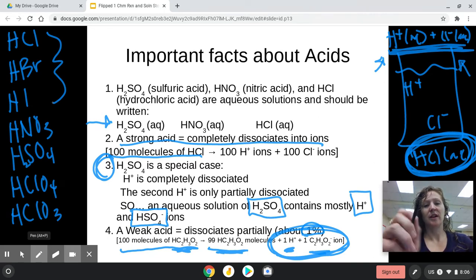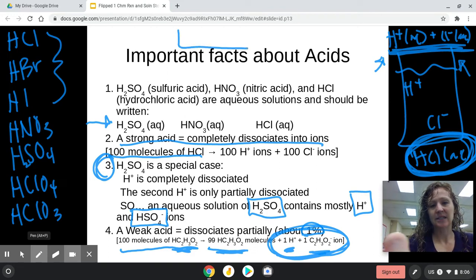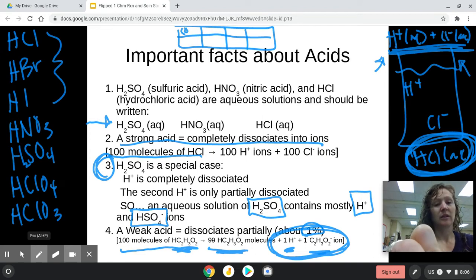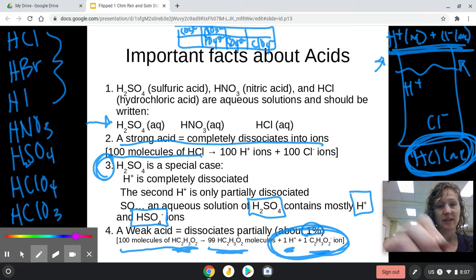So if you memorize our table of 8 that we memorized for our oxyanions, right? Carbonate, nitrate, phosphate, sulfate, perchlorate. Okay, almost all of these are strong acids, except not carbonate, not phosphate.